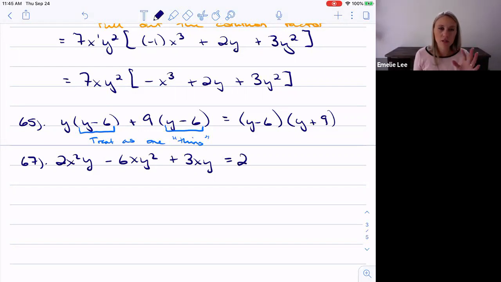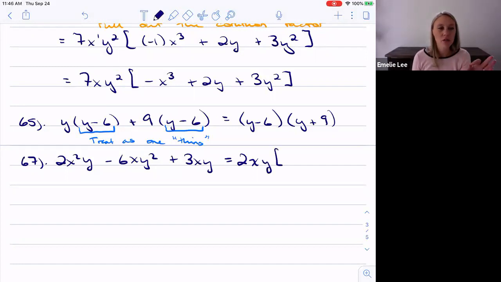And I'm just going to write it out, the 2 in front, and then I'll deal with the rest later. Moving on to the x's, I've got x squared, x, and x, so I can pull out a common x. So I've got 2x. For the y's, my lowest power of y is just y to the power of 1.